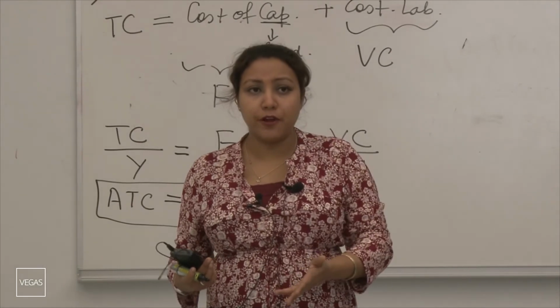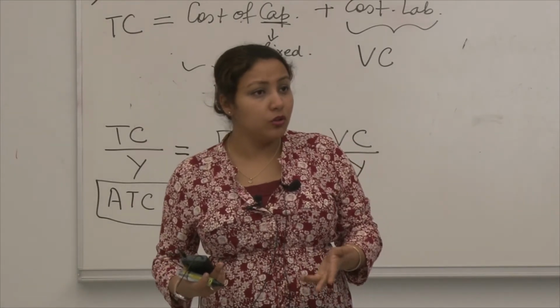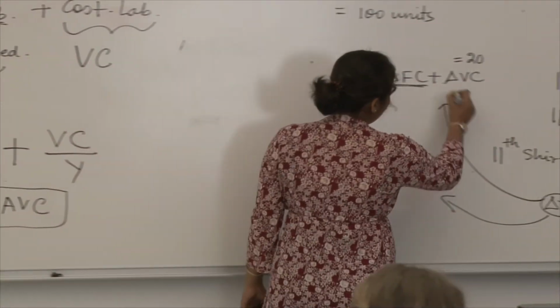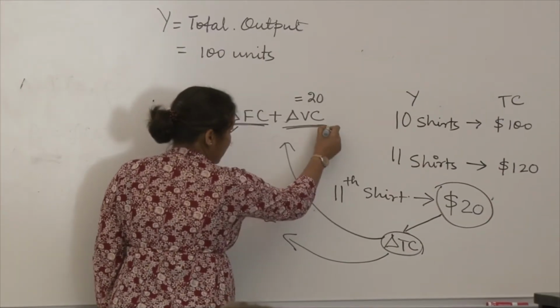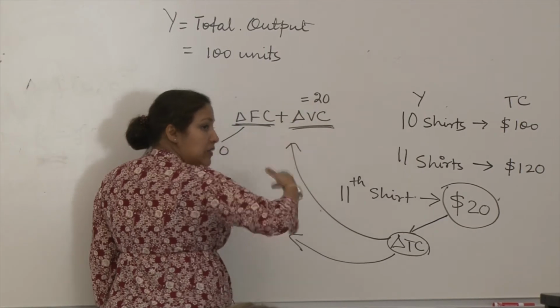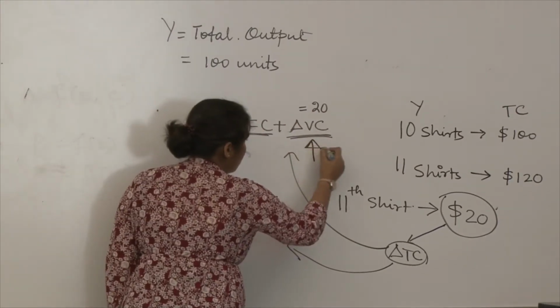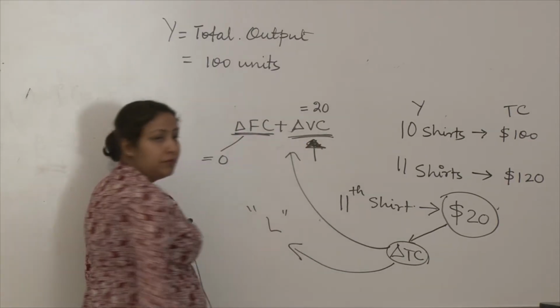So it is a costly affair for me, right? Do you agree? So that means, can I say that this variable cost, this cost of labor, as I produce more and more output, is bound to increase over time?